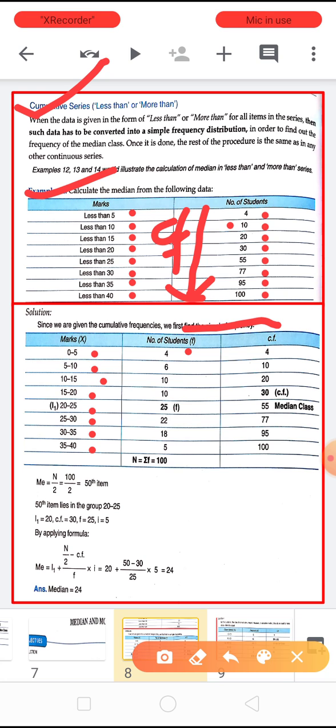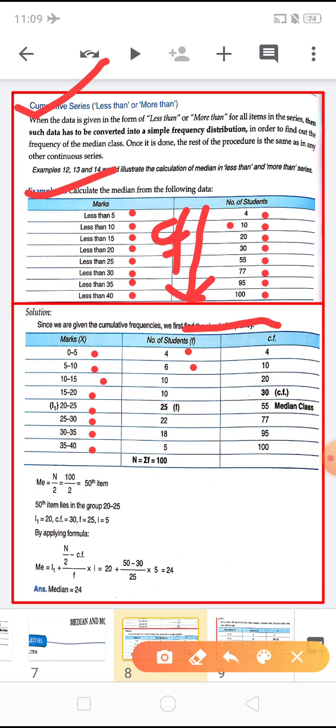So children, if we are talking about students who have scored less than 10 marks, then 4 students scored below 5, and in between 5 to 10 it is 10 minus 4, that is 6. So here the frequency of 5 to 10 becomes 6.